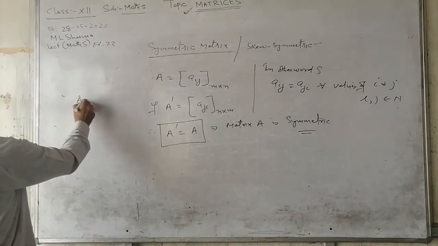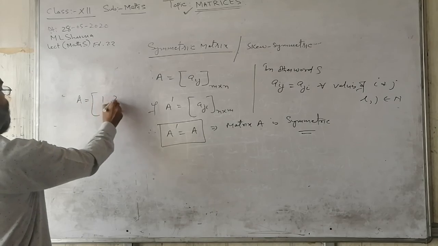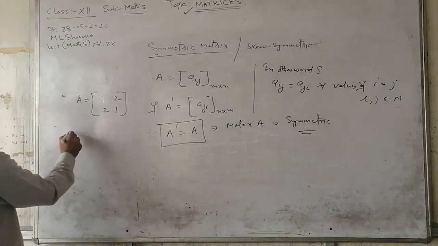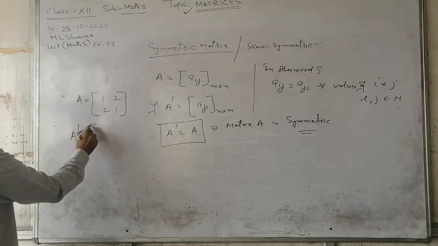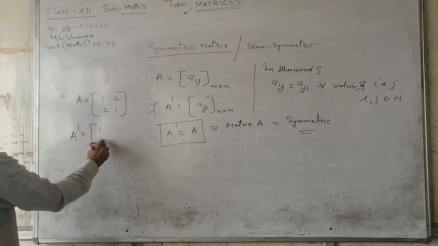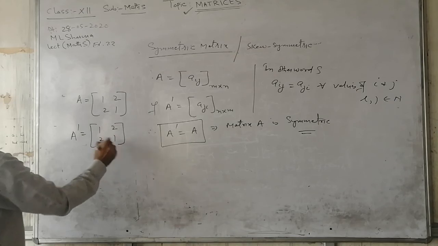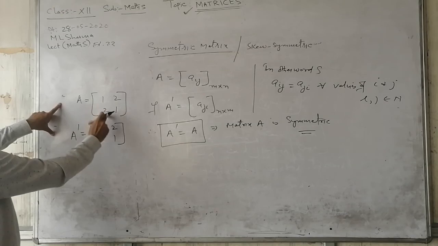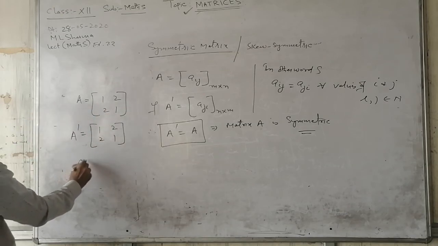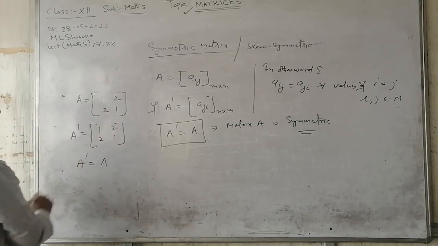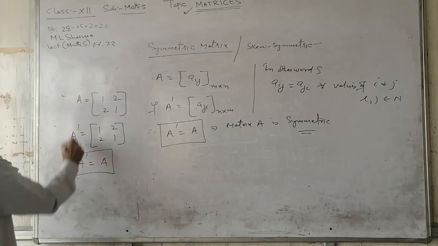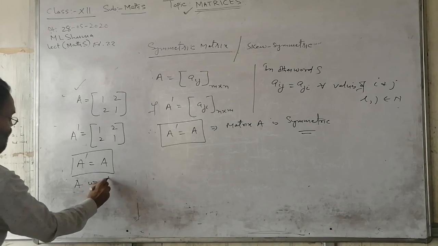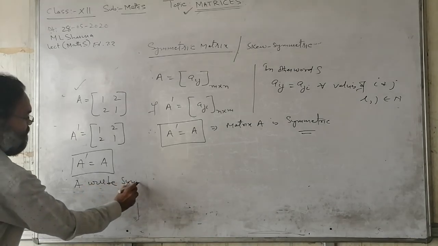If I take an example, this is a matrix 2 by 2. If I find its transpose, they are identical, the elements are identical. So I can say A transpose equals A. As a result, this matrix A will be symmetric.